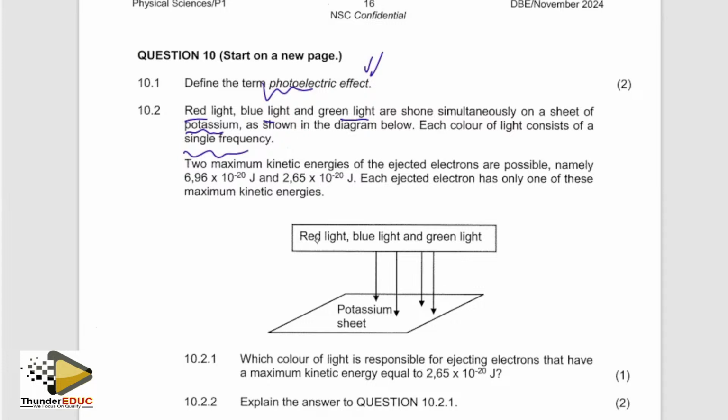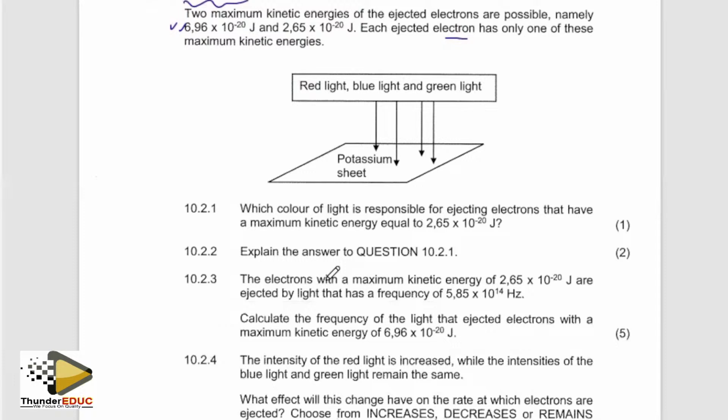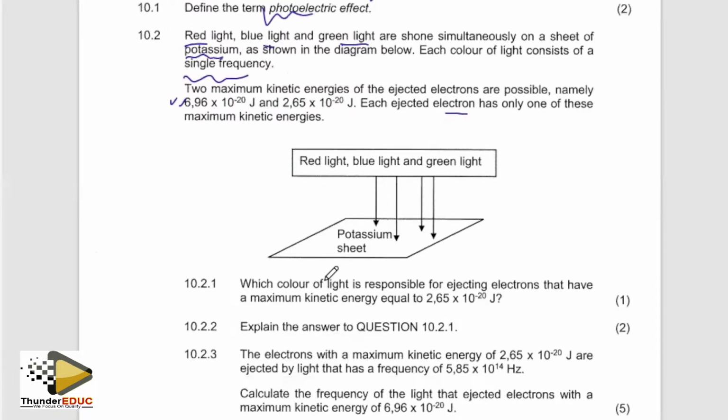We can have the 6,96 times 10 to the negative 20, and we can also have the 2,65 times 10 to the negative 20 joules. So each electron must have just one of them. Which color of light is responsible for ejecting electrons that have the maximum kinetic energy of 2,65?